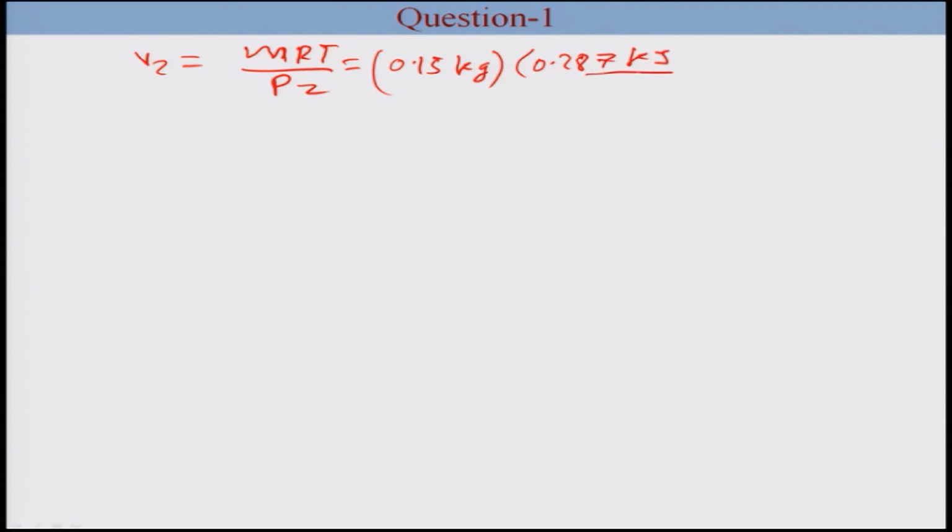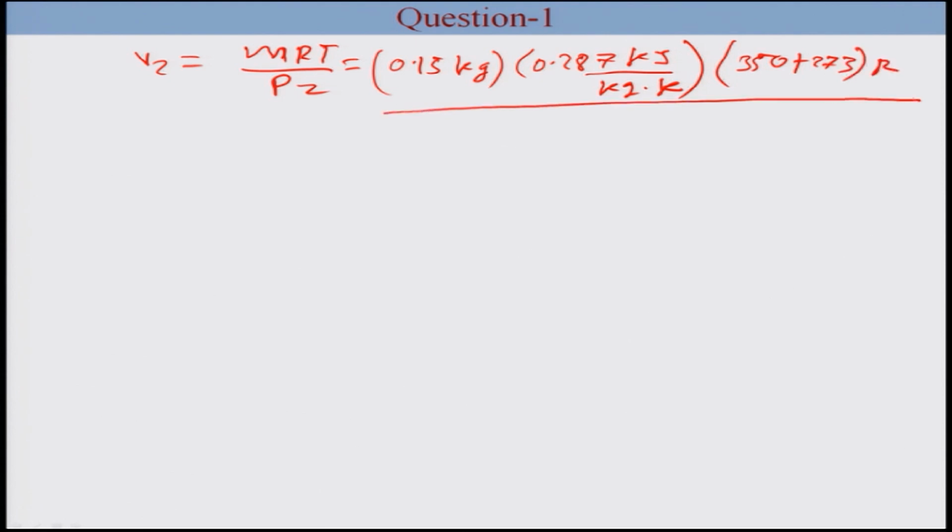Now we need to know value of V2. So similarly we can calculate V2 equal to m R T upon P2. Since this is an isothermal expansion, the temperature will be the same. So value of m is 0.15 kg. Gas constant is 0.287 kilojoule per kg Kelvin, and temperature is 350 plus 273.